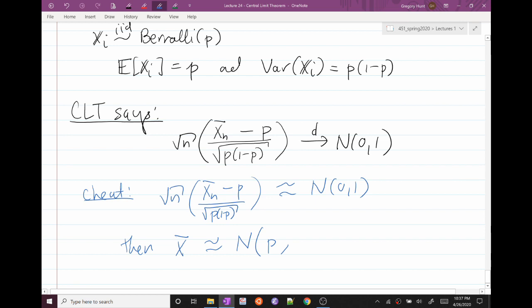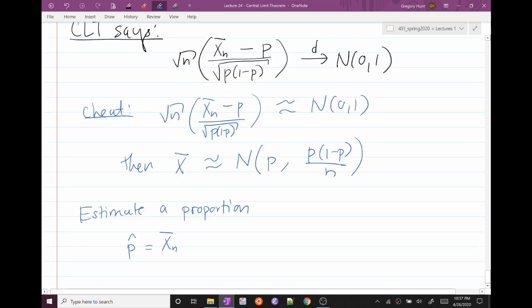It's the mean of my responses, my 0s and 1s, and you say that thing is approximately normal with mean p and variance p times 1 minus p over n, and maybe you even have a confidence interval, p hat plus or minus, say, 2 standard deviations, and the standard deviation is root p times 1 minus p over n. So that's where all that comes from in intro stats. Straight up central limit theorem.